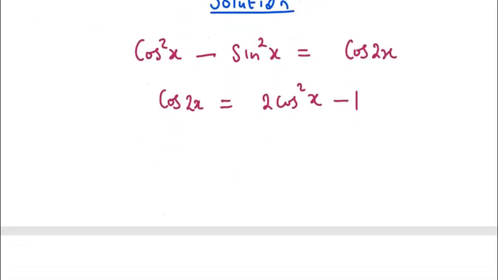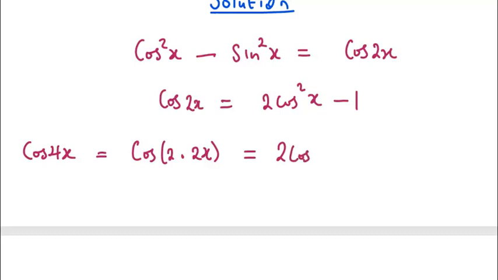So the cosine of 4x is equal to the cosine of 2 multiplied by 2x. So this is going to be equal to 2 multiplied by the cosine squared of 2x. You know why?